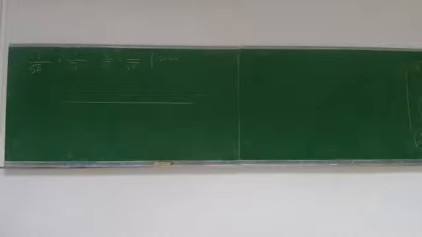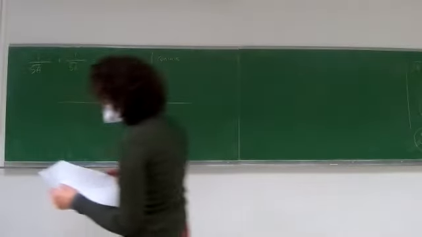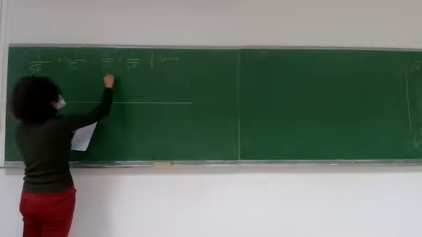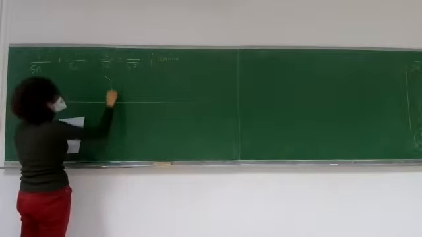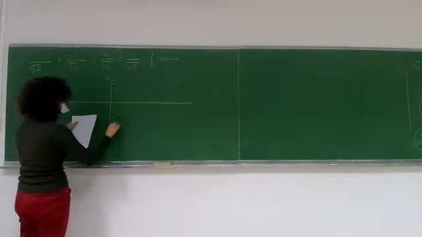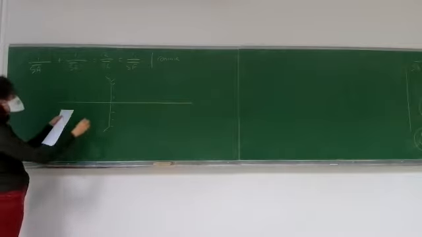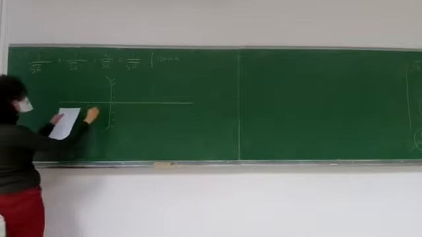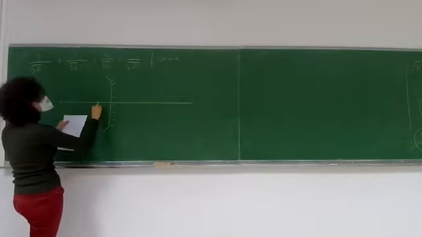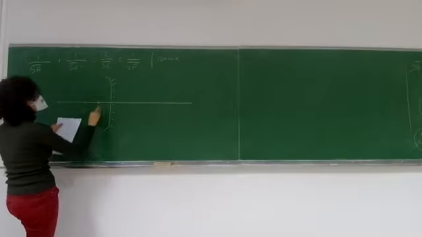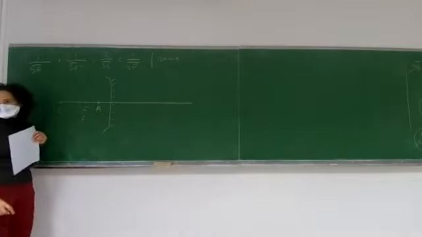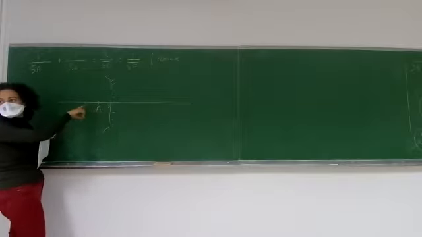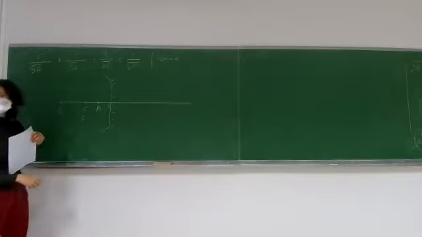So I want to show you the construction for the first example. This one was simple. It was F, C, and A was between S and F, the middle of SF.